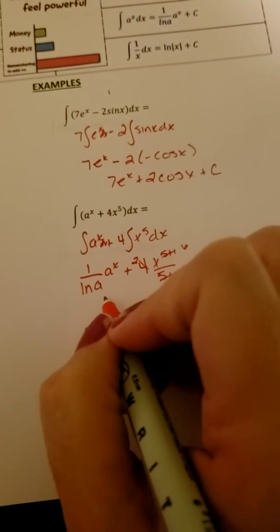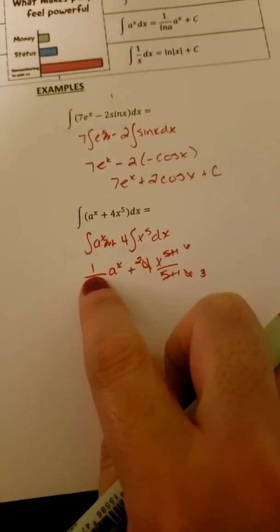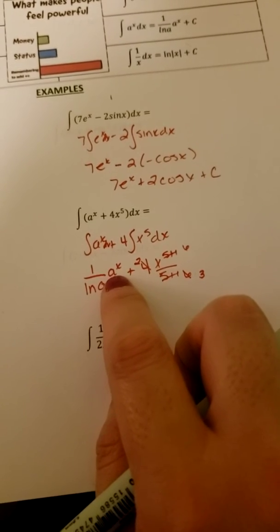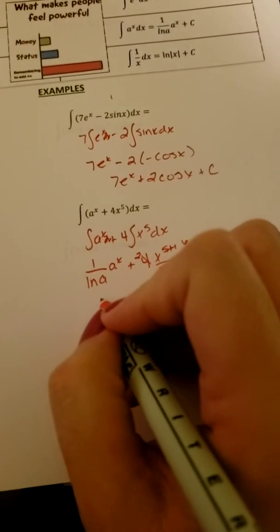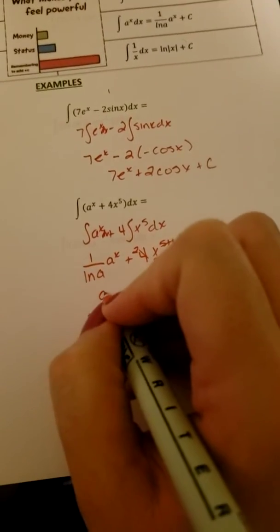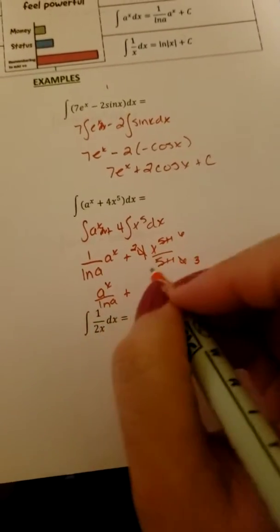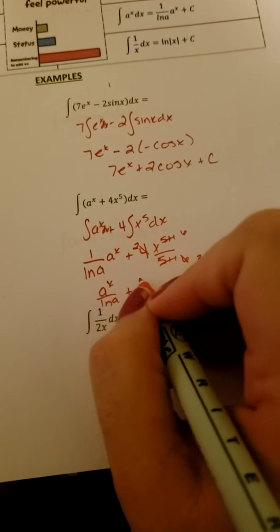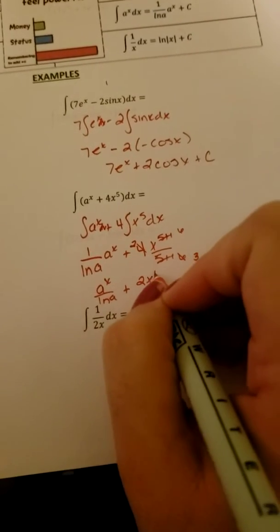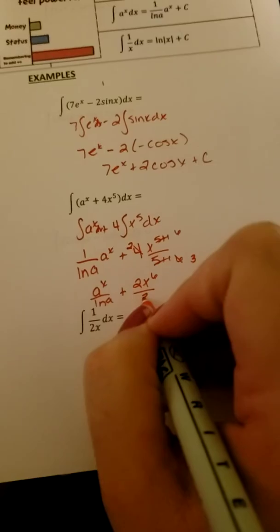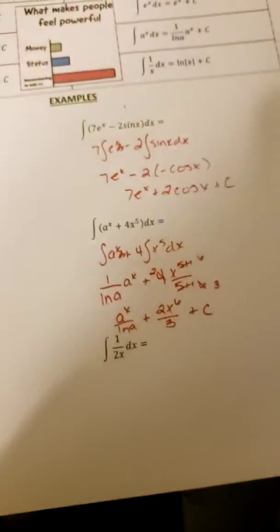So what I'm left with, because this is just a 1, I just want to multiply times a to the x power and put the a to the x power on top. And now here I'm left with 2x to the 6th power over 3 plus c.